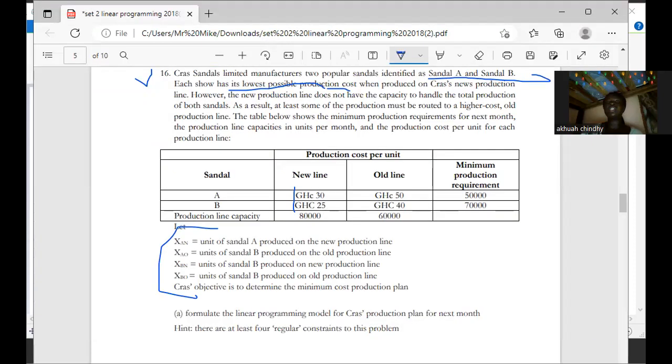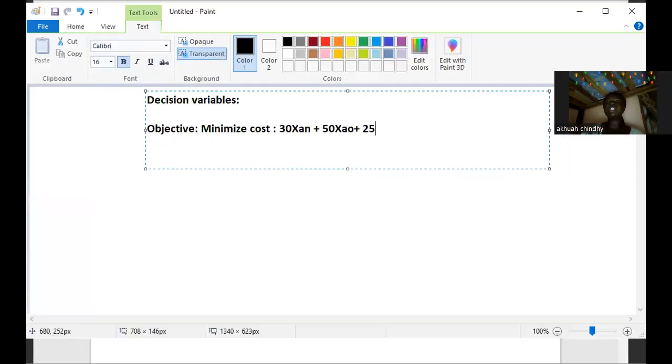So we have 25 XBN plus 40 XBO. That's sandals B on the old production line. So this will become your objective function for this linear problem.